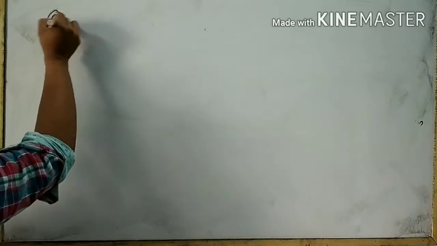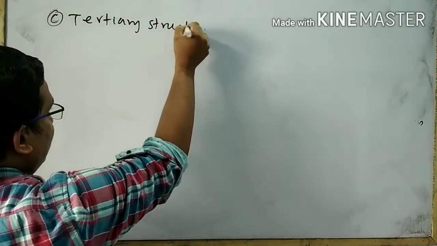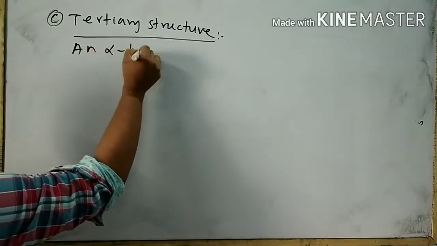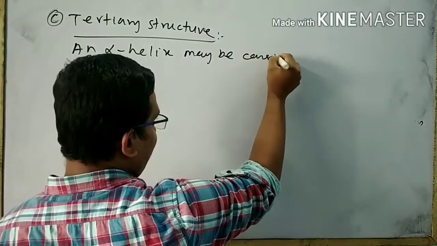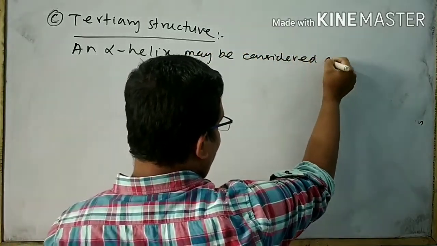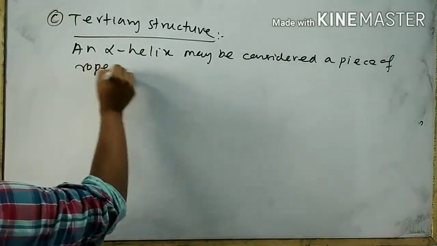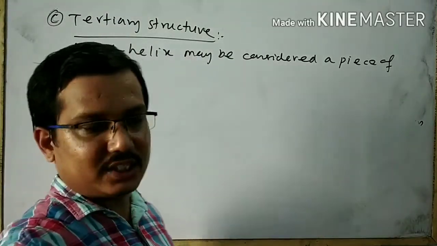Now I will discuss the tertiary structure. An alpha helix may be considered a piece of rope. We know that a rope can be easily bent, folded, twisted.